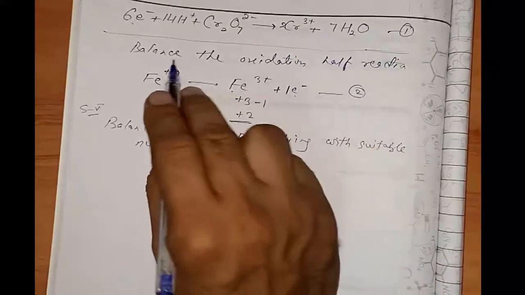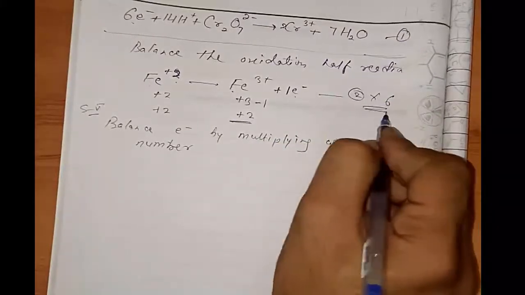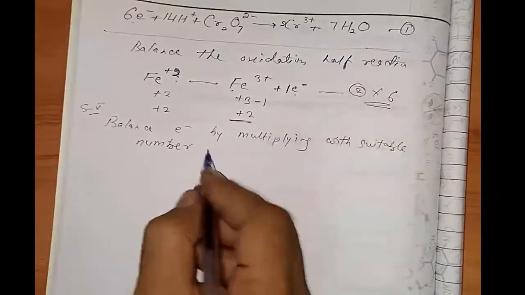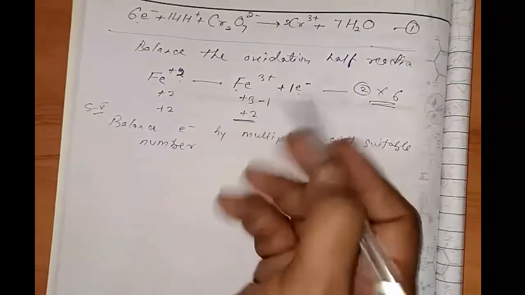Okay, so in order to balance electron, I multiply this equation with 6. So I multiply and then write again.